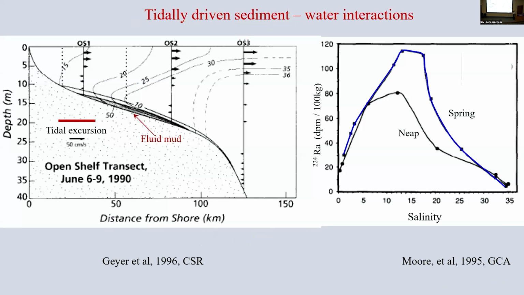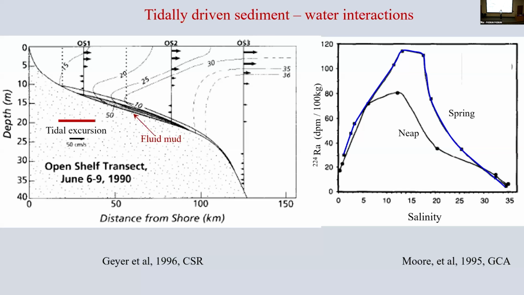Here you can see the tidal injection during spring tide at this particular station increased radium in the water column relative to the neap stage, but both of them, neap and spring, are showing maxima here in this mid-salinity region, which, if you go over here to a salinity profile on the shelf, here's the salinity, here's that 25, here's 20. There's a sort of benthic front that moves back and forth with the tides.